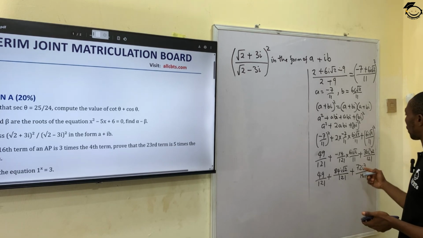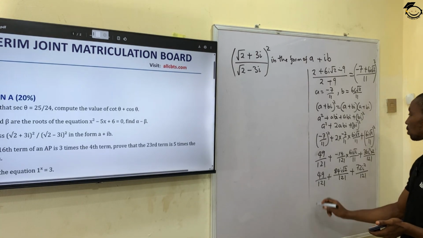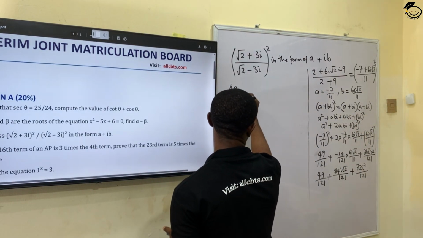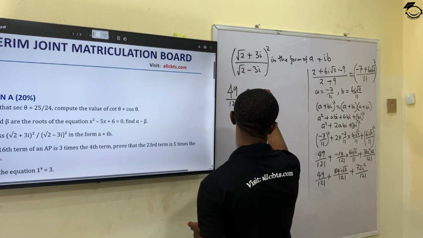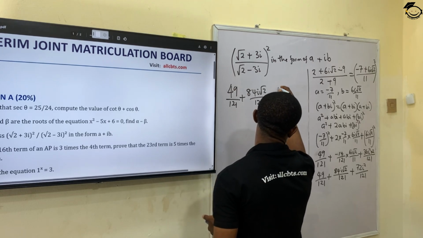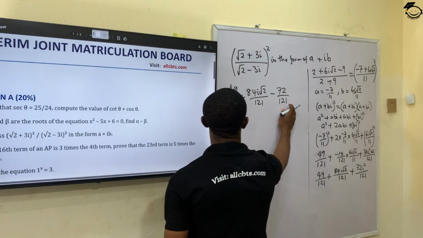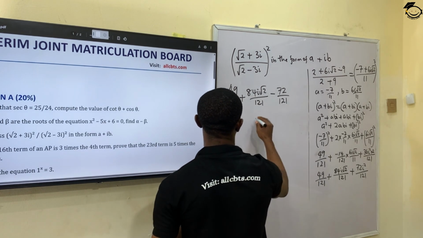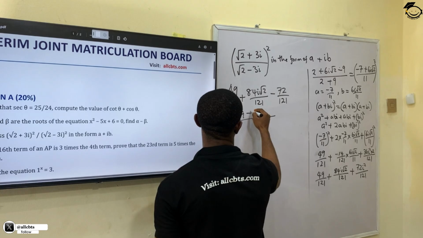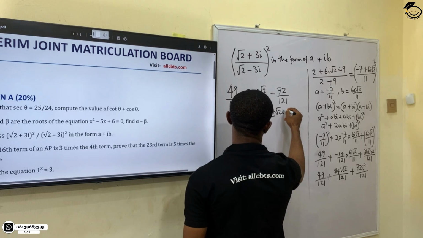All right, bearing in mind that our i squared is minus 1, this becomes 49 over 121 plus 84i root 2 over 121 minus 72 over 121. Okay, so now we have a common denominator. So our LCM will be 121. This will become 49 minus 72 plus 84 root 2i.